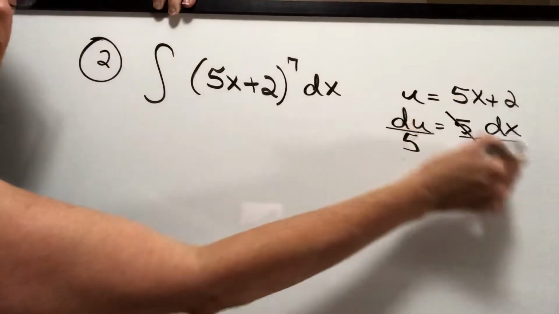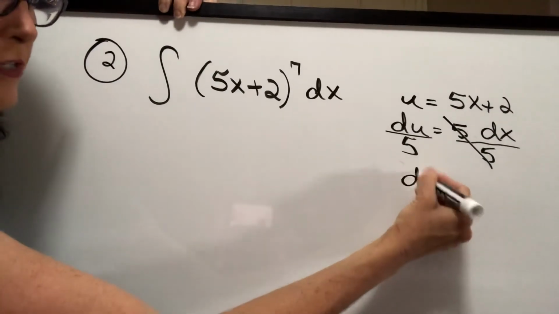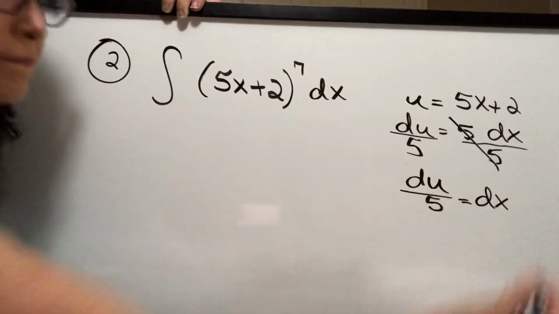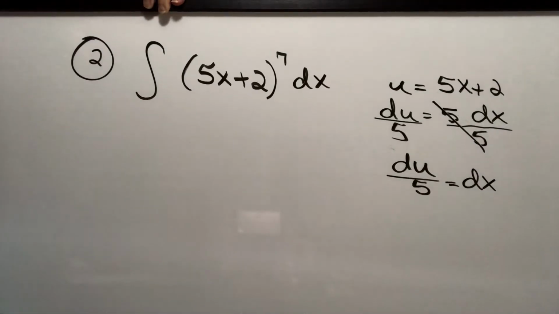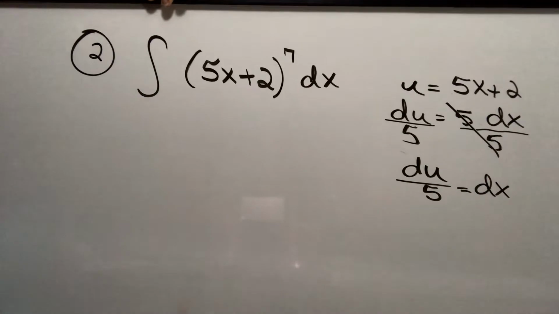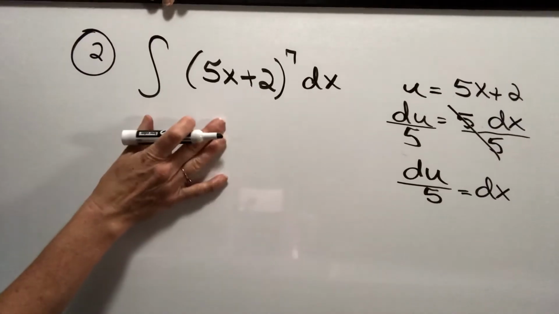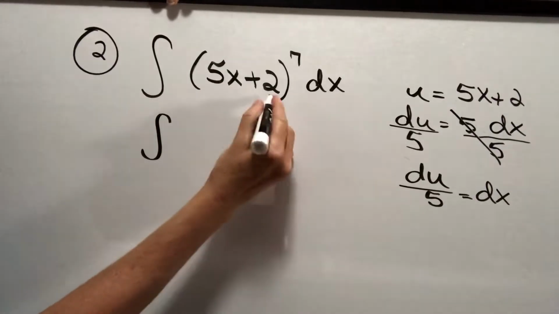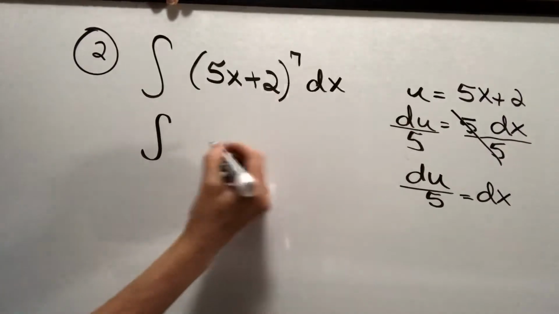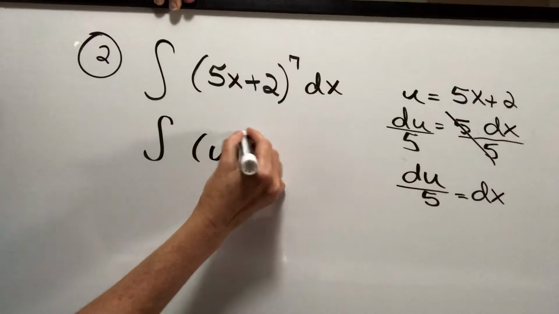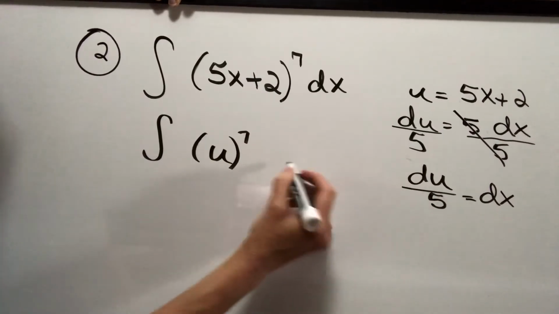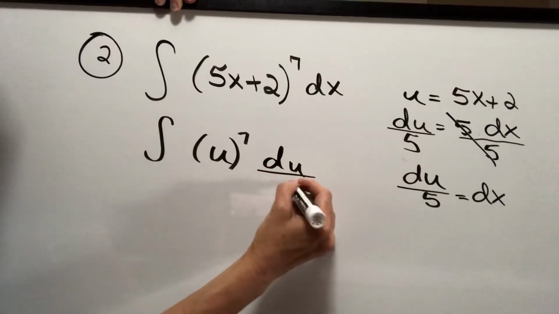That will cancel out the 5s, so then I'll have du divided by 5 equals dx. Okay, so now I'm going to go back and substitute in u to this problem. So I'm still going to have the integral symbol, but in place of the 5x plus 2, I'm going to use u, raise it to the 7th, and instead of dx, I'm going to put in du over 5.